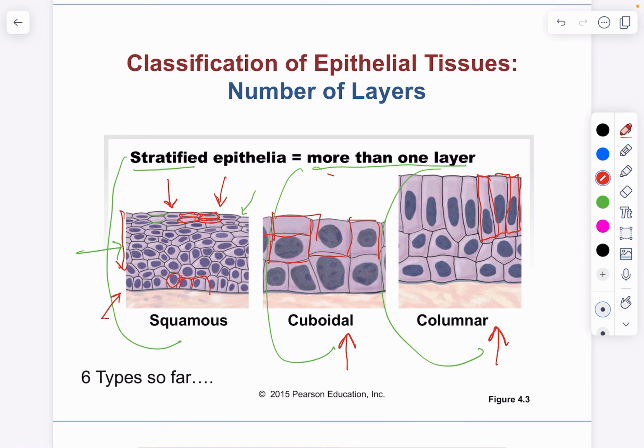So this would be called a stratified columnar epithelia. It doesn't matter that there are cuboidal cells down here, right? None of that matters. All that matters is what is on the very top. Please get used to being able to name the type of epithelial tissue that you're looking at.